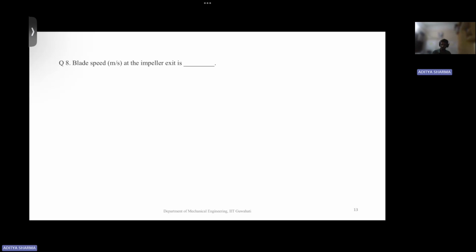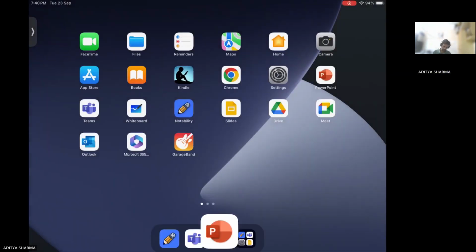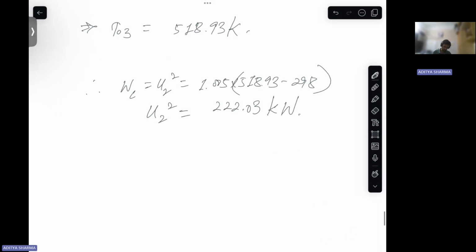Then to your question number 8. Blade speed at the impeller exit. So blade speed is your U2. So question number 8 solution. So U2 is under root of 222.03 into 10 raised to power 3.